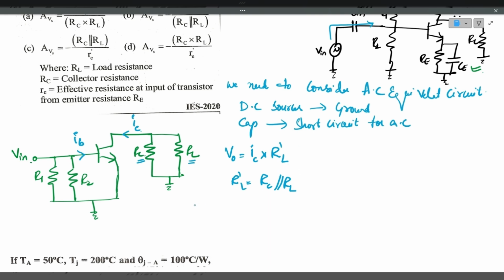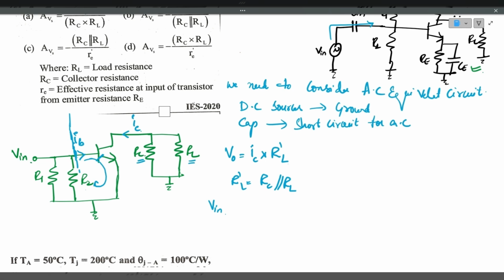Then what is the input voltage? Here, if we consider from this particular point, without considering R1 and R2, R1 and R2 also will be there. But if we consider from this particular point onwards, IB is flowing through the base and emitter. If you take the loop like this, IB is flowing through the base and emitter. This base emitter junction will have a small resistance.